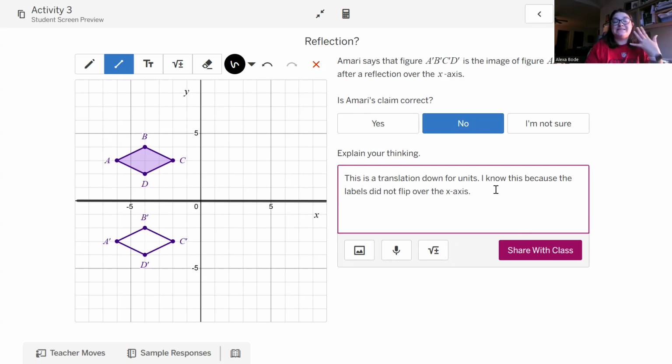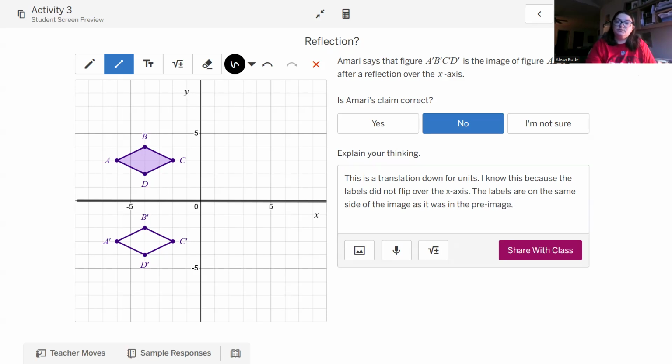The labels are in the same spot on that shape, in their same position. So I can also include that too if I need to, or if that makes more sense for you guys. We'll say the labels are on the same side of the image as it was in the pre-image. Okay.